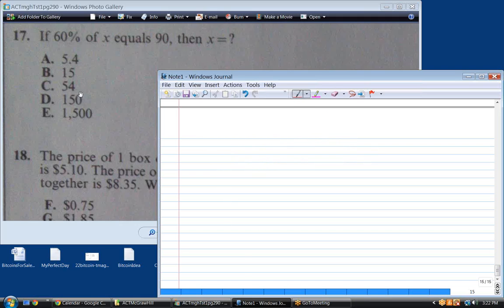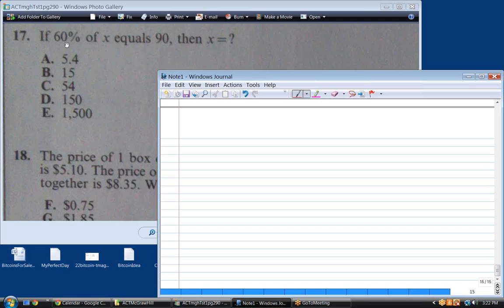Well, let's look at back solving this. 60% of some number equals 90. Does that number need to be greater than 90 or less than 90? I would think less, but... No, greater than. Because 60% is something less than 1.